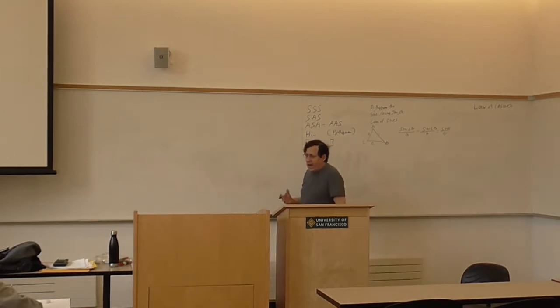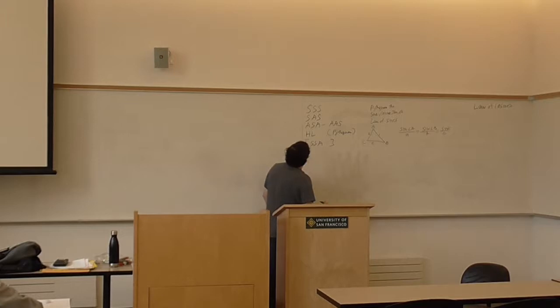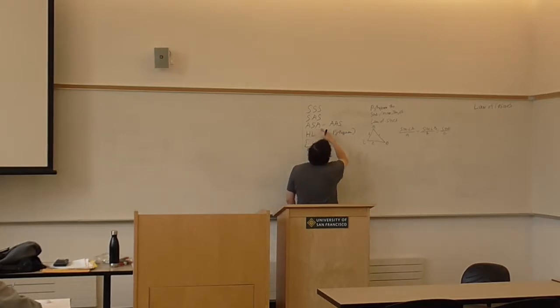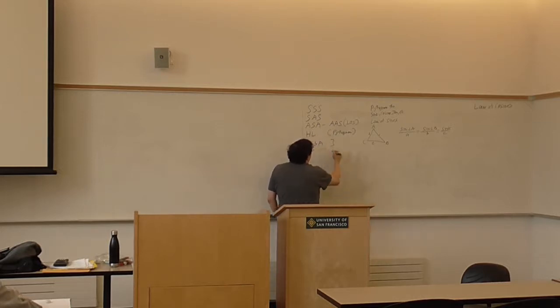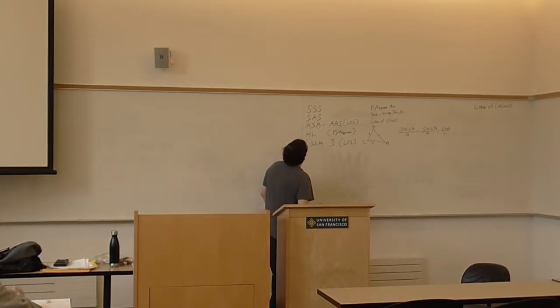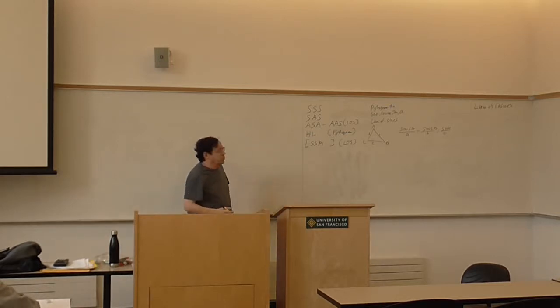So those are the tools we have. ASA and AAS will succumb to the law of sines. As I said, Pythagorean theorem and the trig functions help with HL. SSA, again, law of sines is kind of our best bet. But we have these other 2 situations that we still don't know what to do with yet.